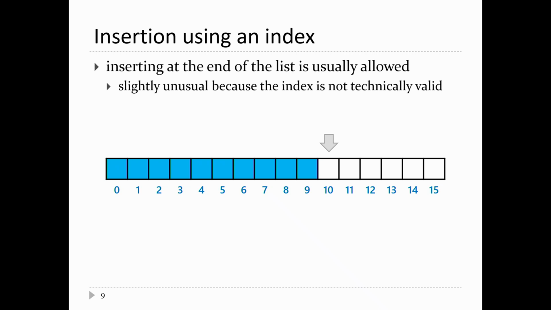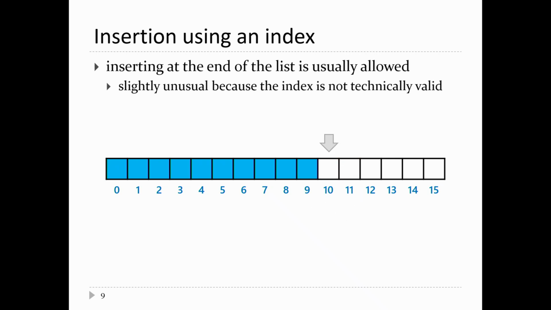When you're using this version of add, the insert version of add, typically Java's version of a list lets you add at the element one past the end of the list. In other words, Java's add method will let you add at index 10, even though there is no element at index 10.